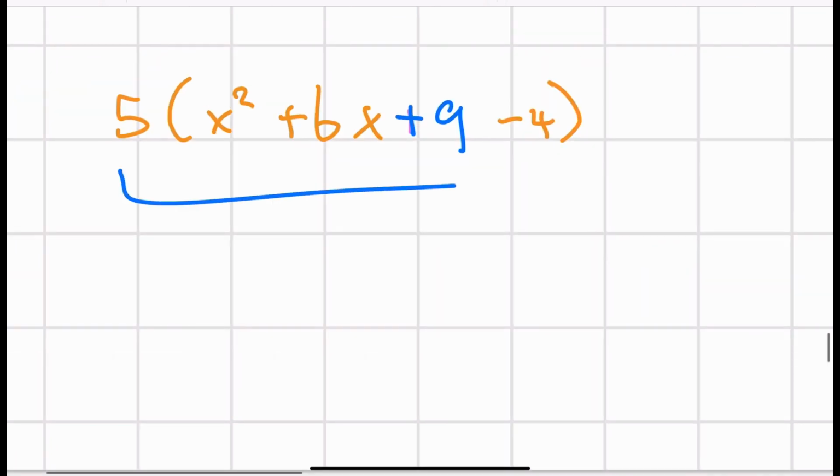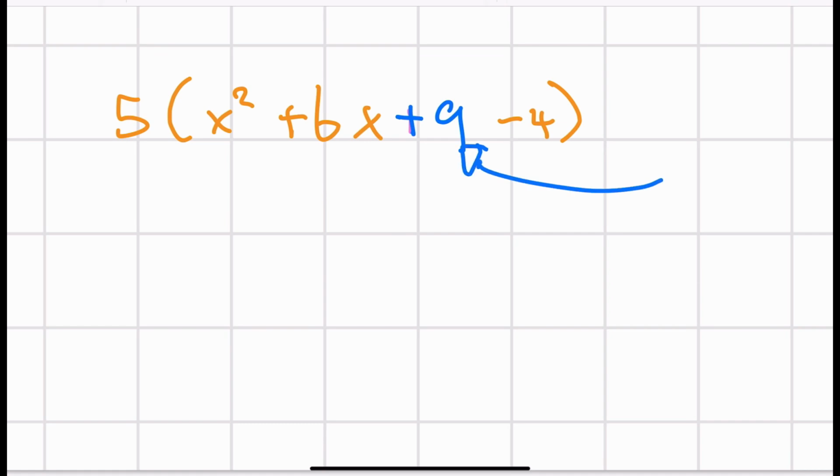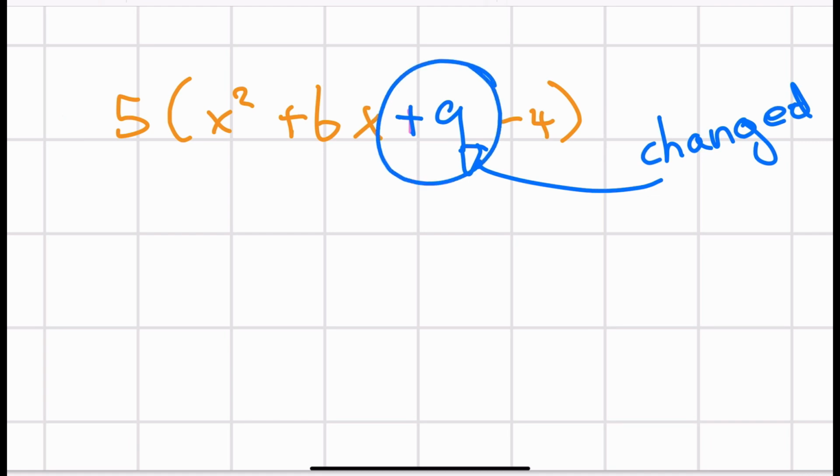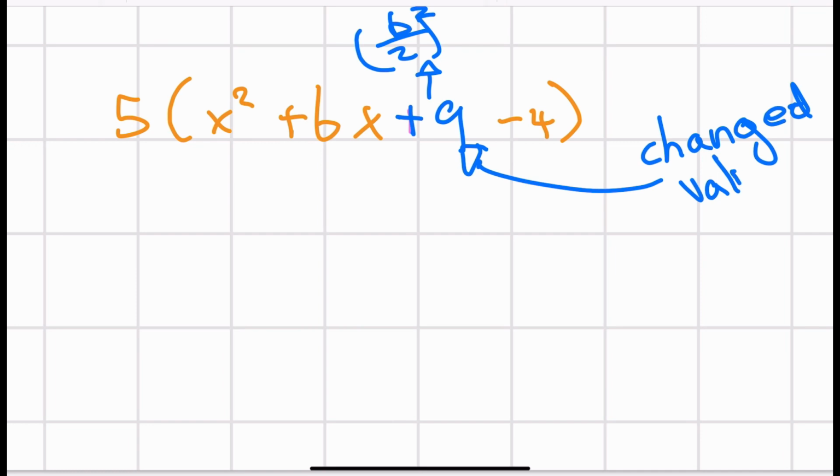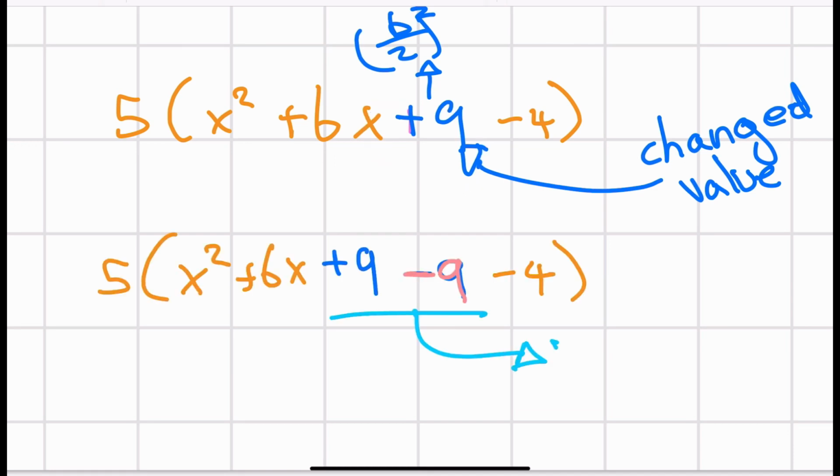But by adding 9 into my brackets, I have changed the value. So until this point, what we were doing is we were just rearranging the equation, but by adding in a new value, which is equivalent to b divided by 2 squared, I have changed the value of my equation. That's why, in order to get it back to its own value, I'm going to subtract something worth what I've added in.